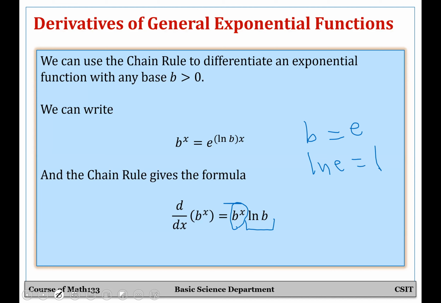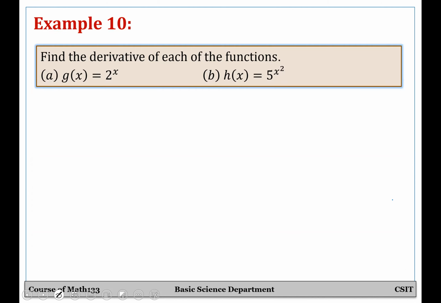Then you will find the result that the derivative of e to the x is equal to e to the x. Okay, so look at this function here and be careful of the base if the base is changing. Don't forget ln b. So the first one, g prime of x is equal to the same function since it is exponential, but multiplied by ln 2.